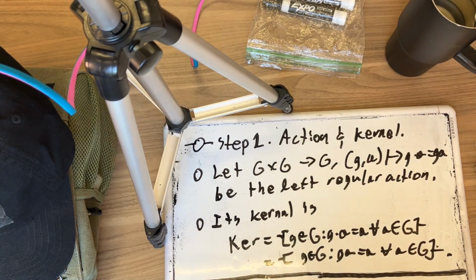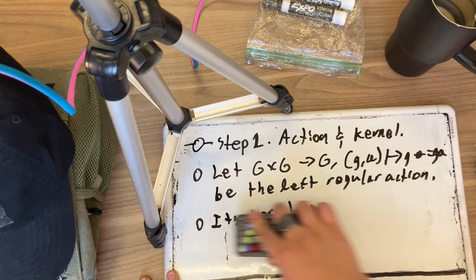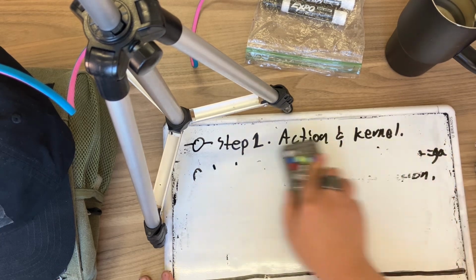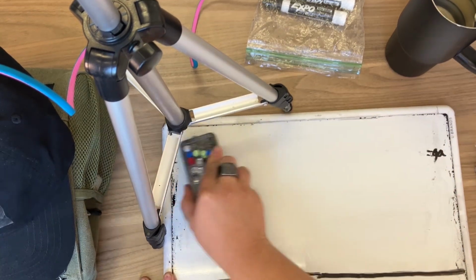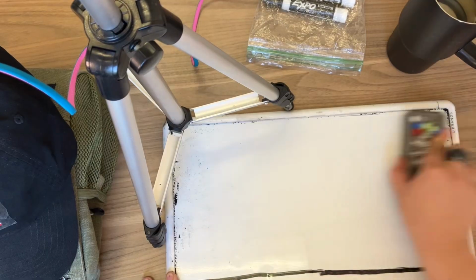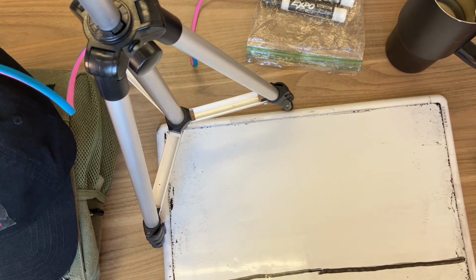So we have our setup for step 1. Now let's try and get more precisely what the kernel could be outside of just this set abstraction, though a lot of it is just merely set abstraction. That's like almost all of math is set abstraction.